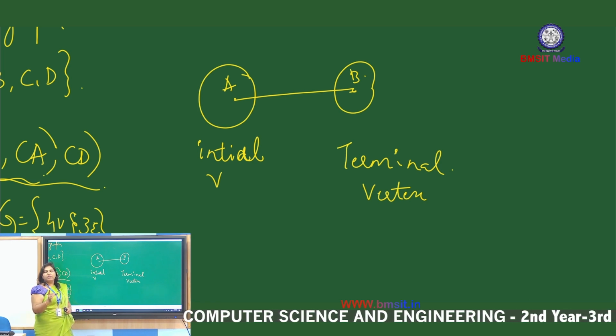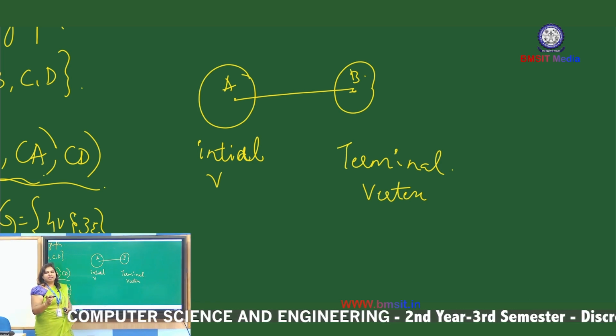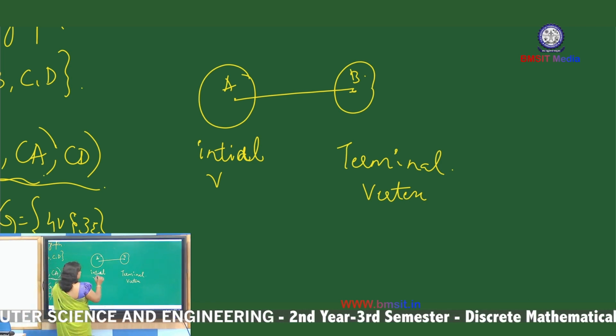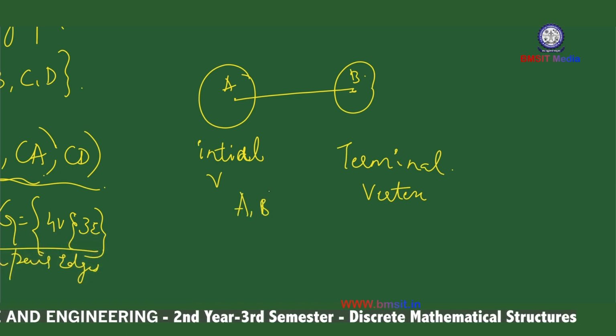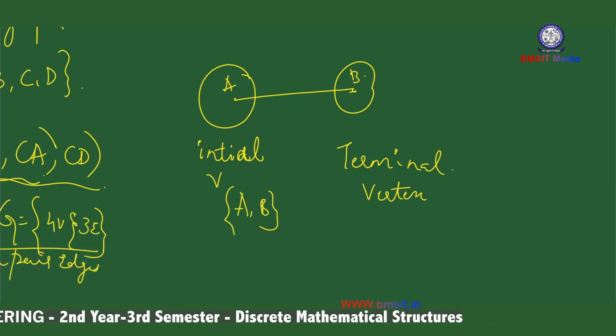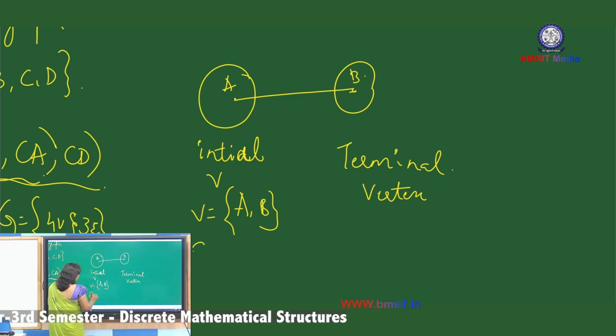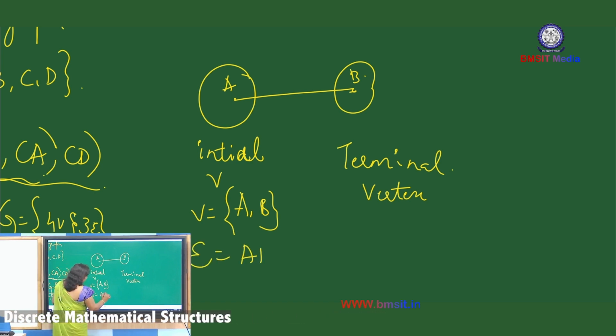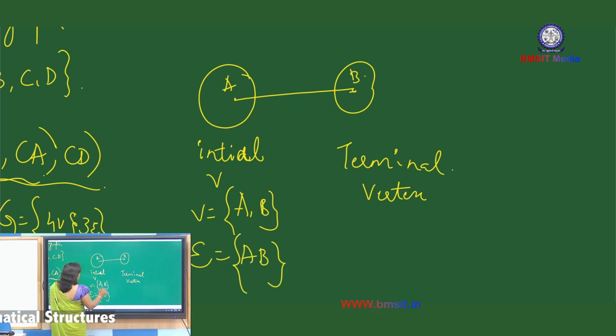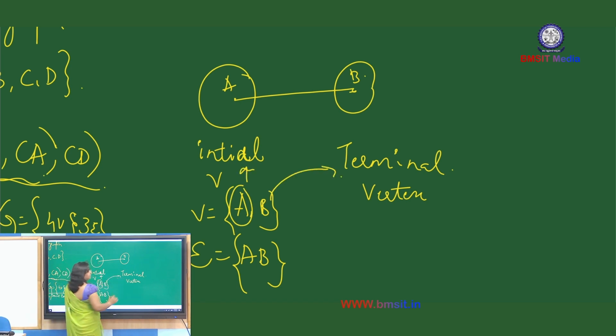From A to B, we have a connectivity. A and B are the vertices, and the edge can be A, B. So A will be an initial vertex and B will be a terminal vertex.